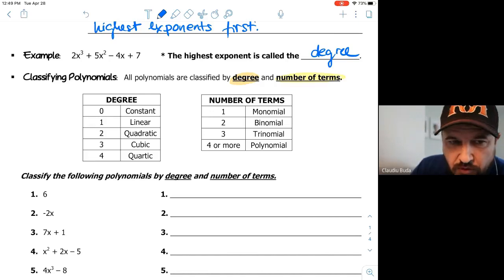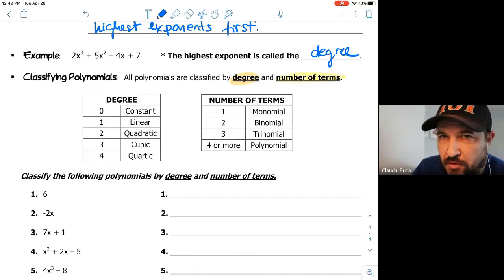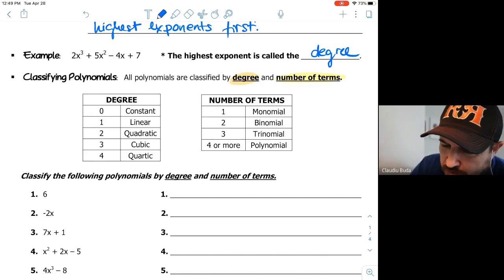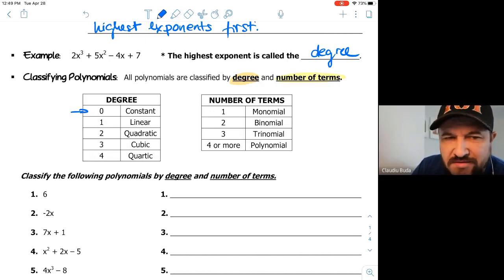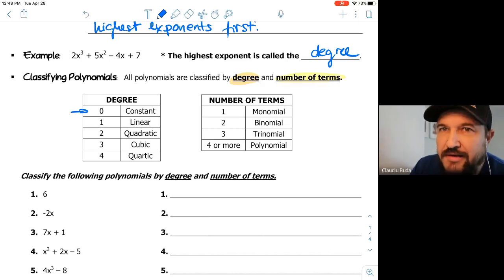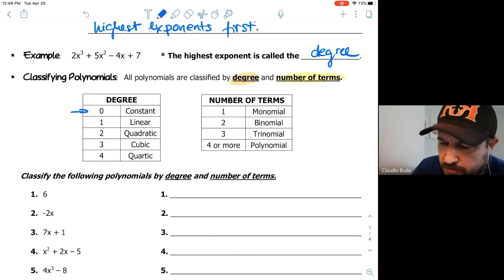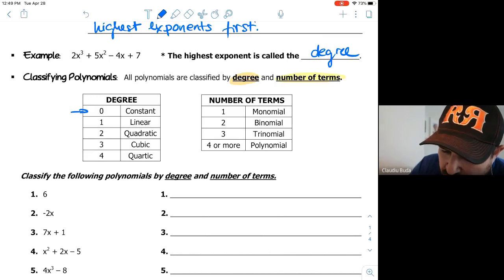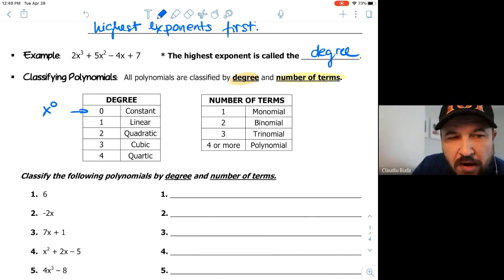And you have 0, which is a degree 0. Okay, this one right here, degree 0, it's a constant. That's when we have just a number, like 1, 2, 2.5, or whatever. Okay, we call it degree 0 because in this case, the variable, for example x, is to the 0 power.